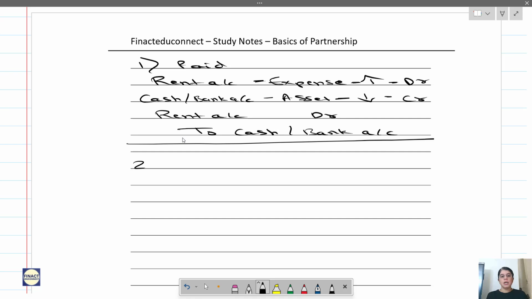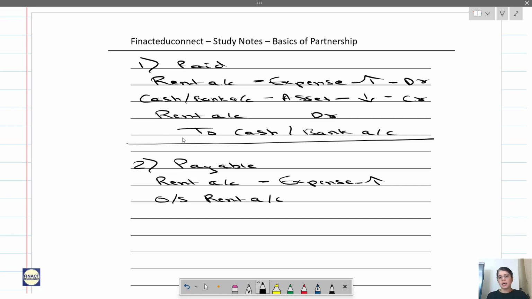Okay. Now, second is payable. Rent is not yet paid, it is payable. So what are the two accounts affected? One is rent account and one more is outstanding rent account. Write the complete word, outstanding. Rent account is an expense account.